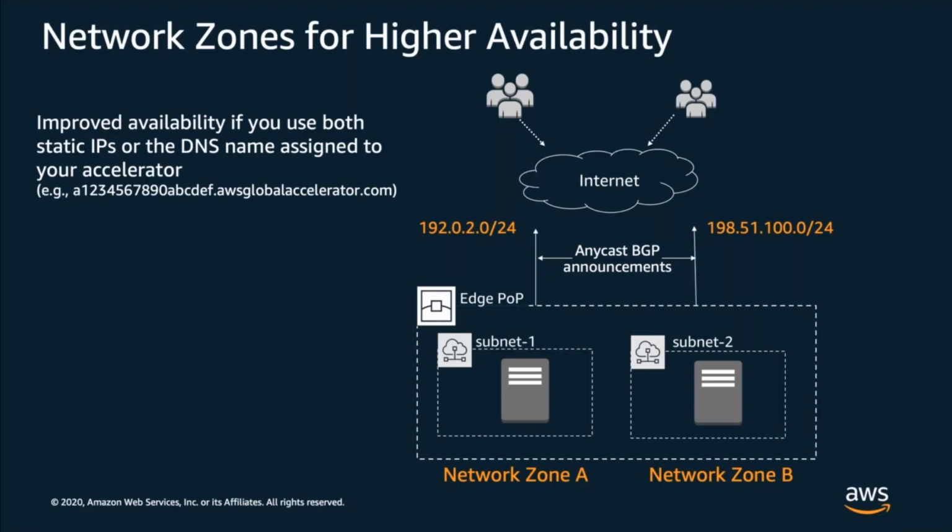You can alias the DNS name you get with your accelerator and make sure that you use both of them. The benefit here is that the static IPs are isolated both in terms of network equipment and logically, so that if there's any availability issue with one of them, the other one is likely not going to suffer from it.